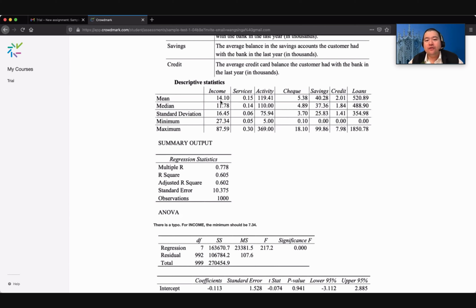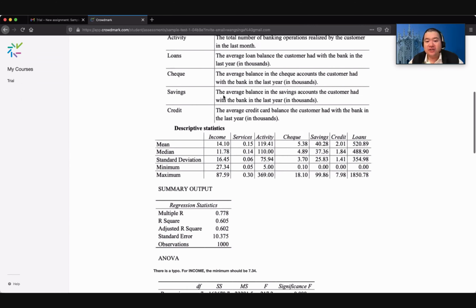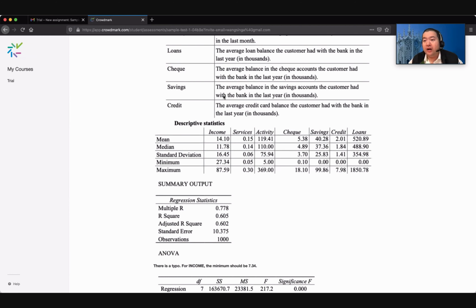Okay, so for example here, the income. So the mean for income is 14.1, right? So what's your interpretation? The mean is the center of the data by the value, and also it shows the person's expectation, right? So you will expect, if you randomly select a customer, the customer's income should be 14.1 on average.